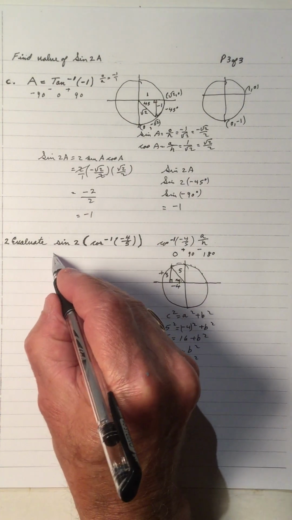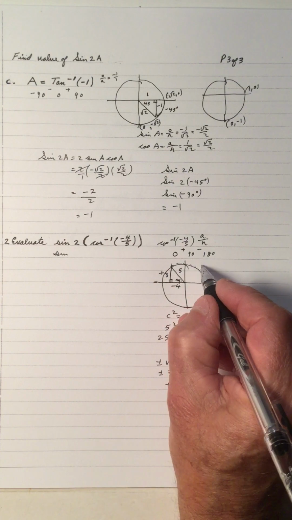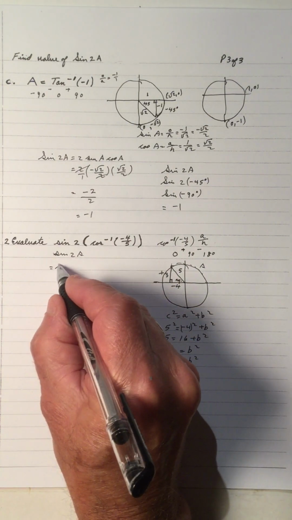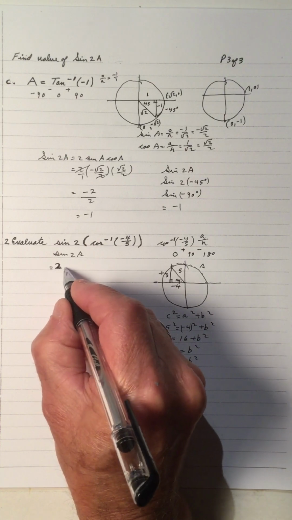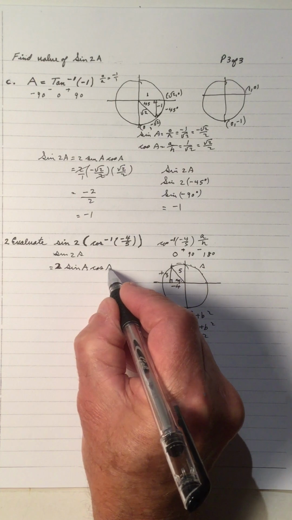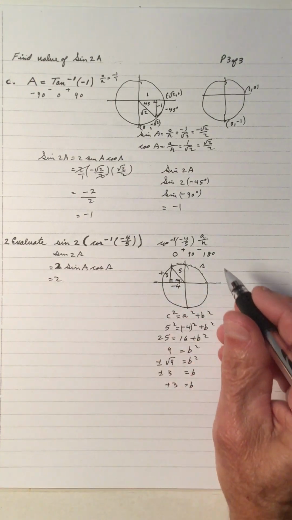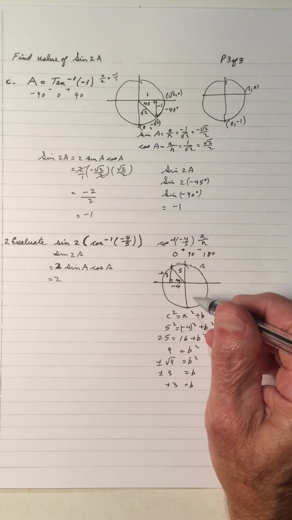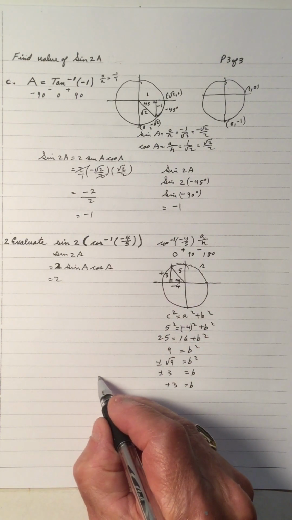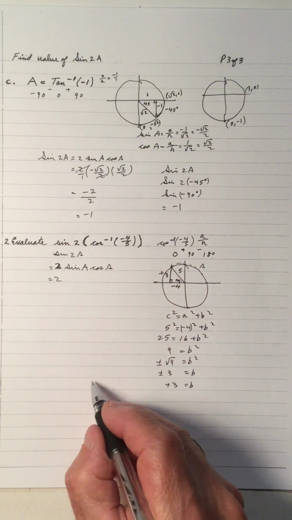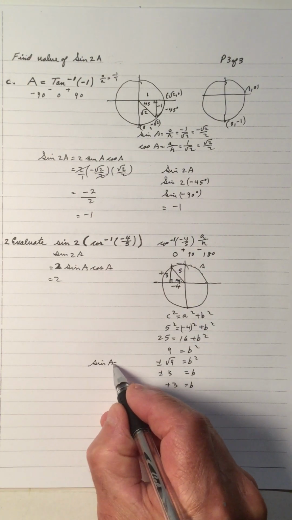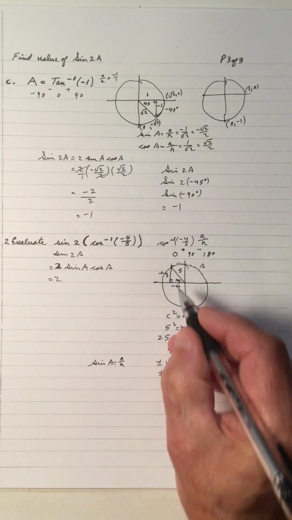Okay, so now we have, this is the angle that's right here. If we call this angle rotating here A, so that's angle A. So that's twice sine A cos A. And I didn't write out what sine was, but let's write it down. If cos is negative 4/5, then the sine of angle A is opposite over hypotenuse.